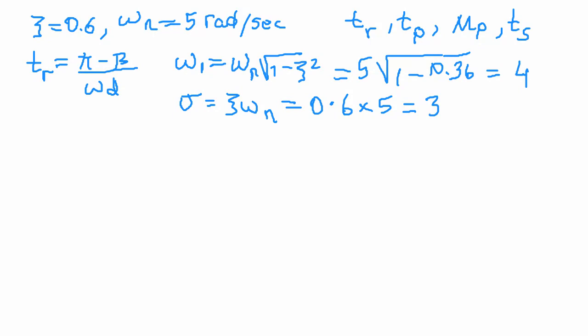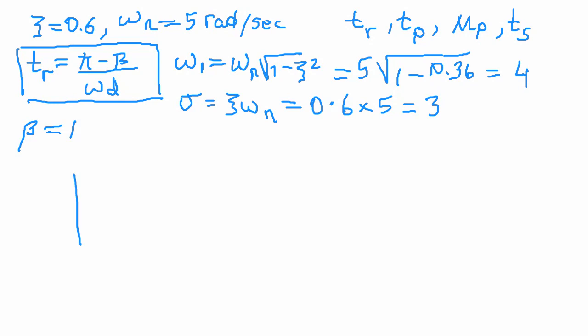Now we need to find beta for this equation. Beta is equal to, you remember that, that one is sigma, that one is omega d, this is the j-axis, this is the real axis, and that is the pole location, and beta is the angle here.